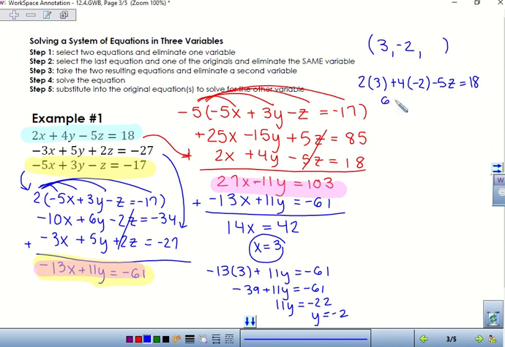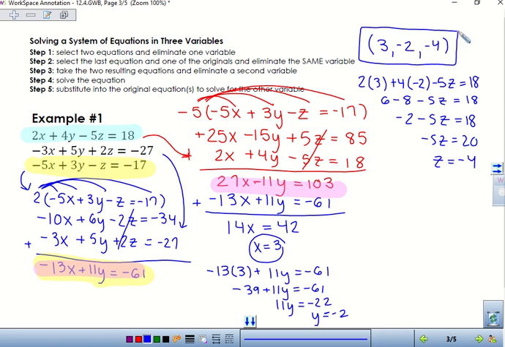So this gives me 6 minus 8 minus 5z equals 18. That gives me negative 2 minus 5z equals 18, which means negative 5z is equal to 20, which means z equals negative 4. So this would be the solution to my 3x3 system.